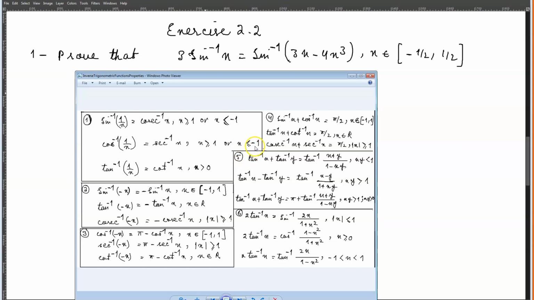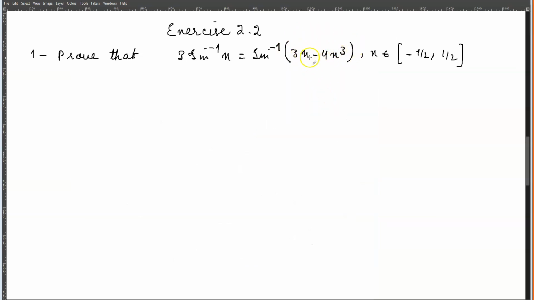What we can do is that I think we can use this. You can see that this looks like some formula that we have proved before, meaning 3 times x minus 4 times x cubed. That does look like something that we have done before, and that is for the sine of some angle, which was 3 times something.